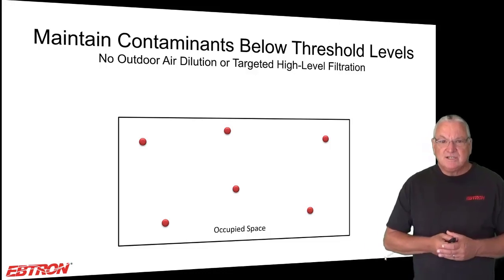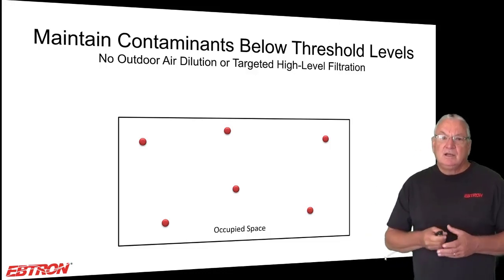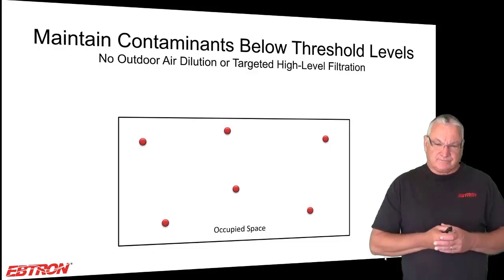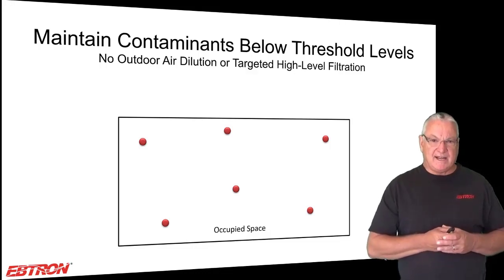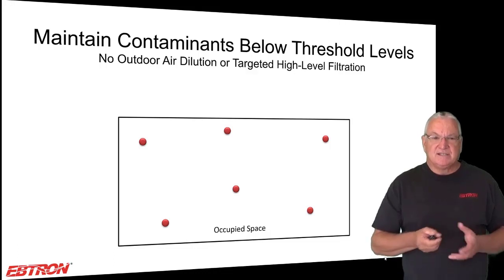Let's take a look at this real simple diagram. This is an occupied ventilation zone, and it doesn't matter to me what the contaminant source is, as long as it's sourced from within the space.